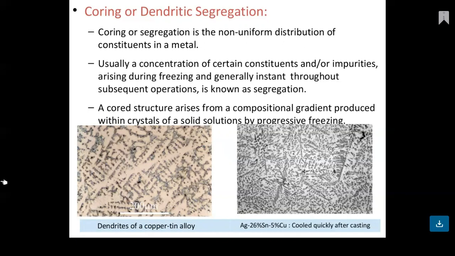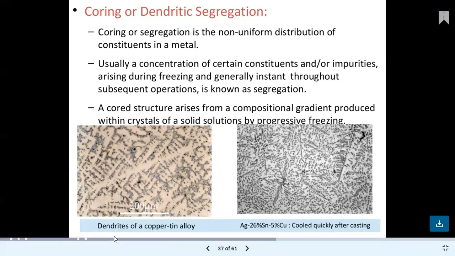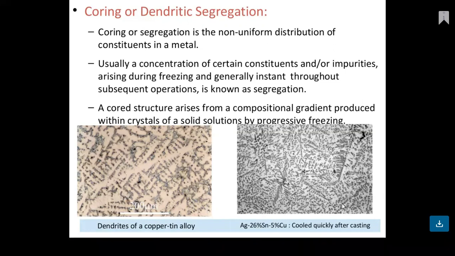A cored structure arises from a compositional gradient produced within a crystal of a solid solution by progressive freezing. In this first diagram, dendrites of a copper-tin alloy are shown from a casting process, with 26% Sn and 5% of the other constituent, copper, present.